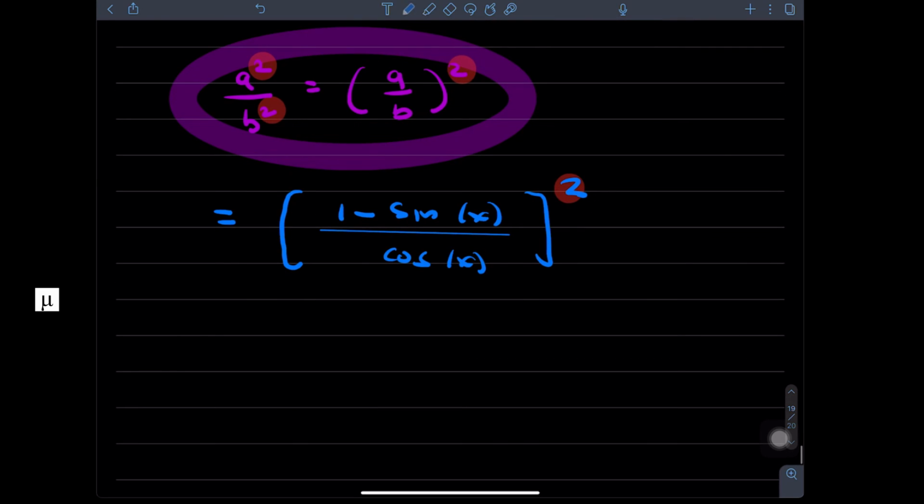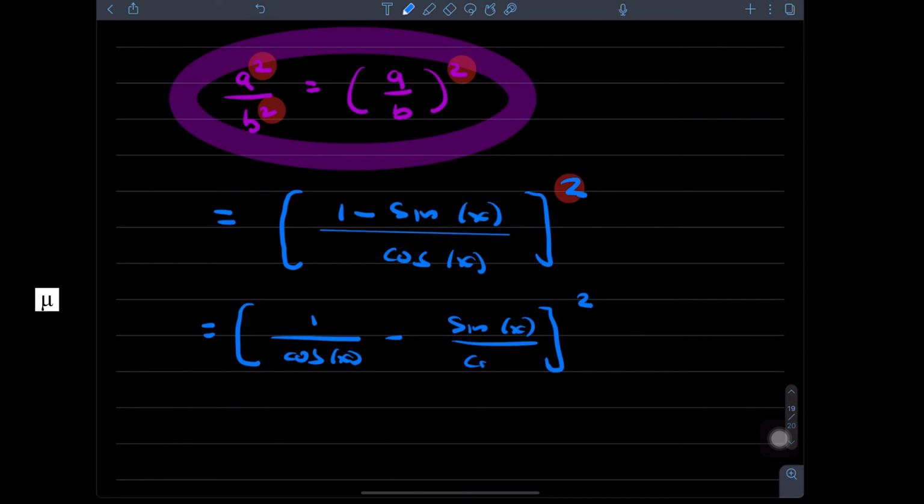And then you say, well, we're practically home free, right? Because isn't this 1 over cosine minus what? Sine over cosine, squared.